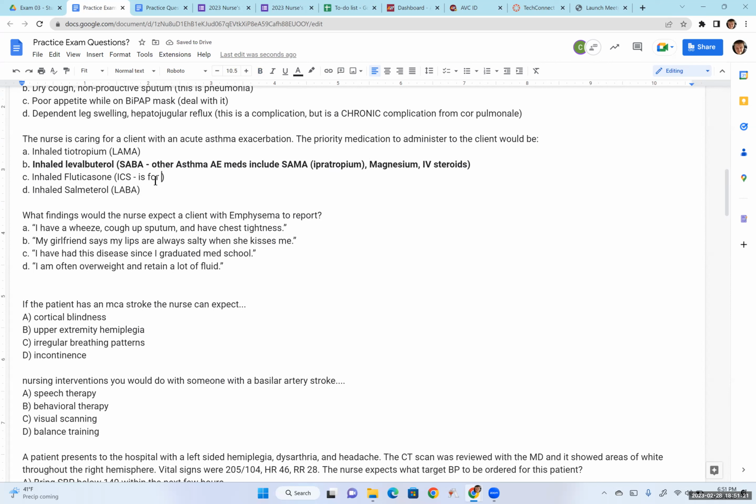I don't like those adjectives, but anyways, it's for controlling or preventing. There we go. Problem solved. All right, preventing asthma exacerbation. IV steroids are for asthma exacerbation. All right, so this is a LABA. A LAMA or SAMA would be this.